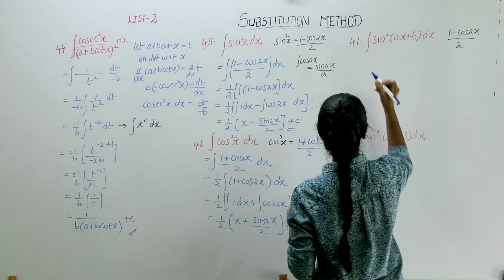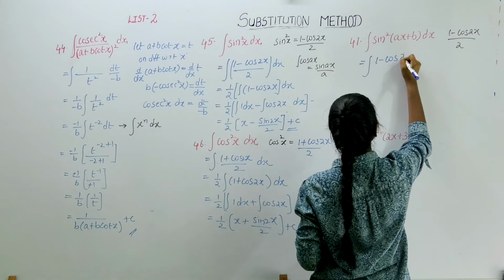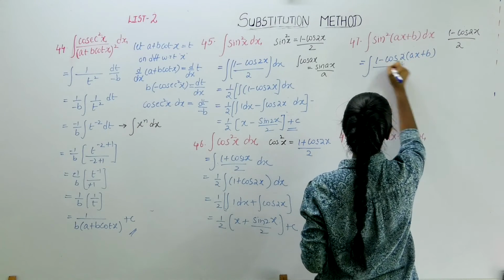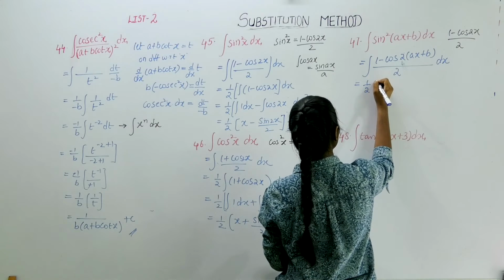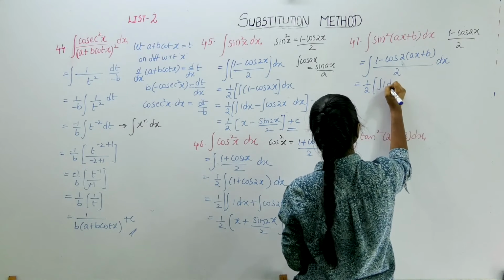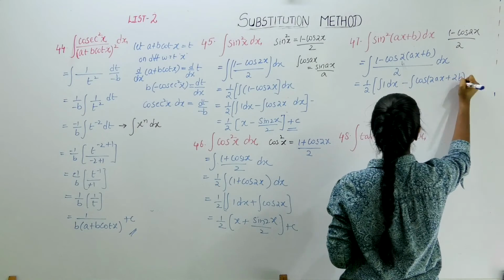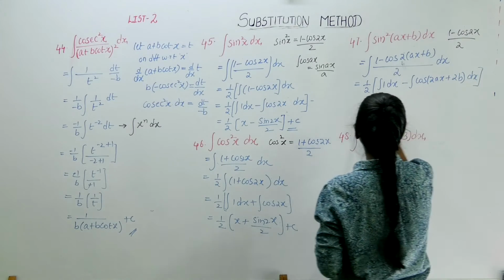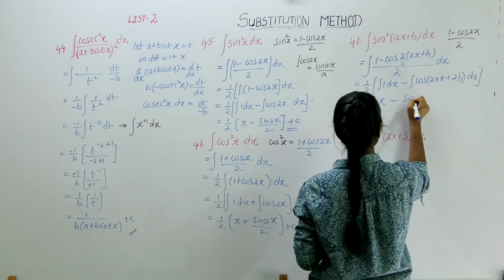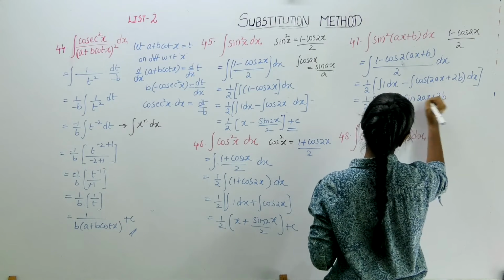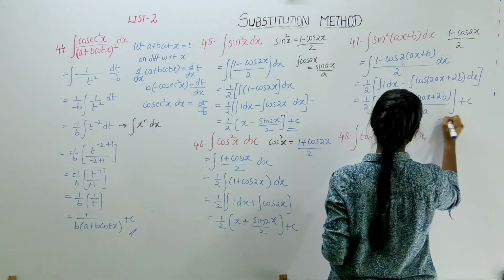Then it becomes 1 minus cos 2(ax plus b) by 2 dx. 1 by 2 is a constant, take it out of the integration and separate the integration: integral 1 dx minus integral cos (2ax plus 2b) dx. 1 by 2 integral 1 dx is x, minus integral of cos is sin (2ax plus 2b) by 2a, where the coefficient of x is 2a, plus c. This is the final answer.